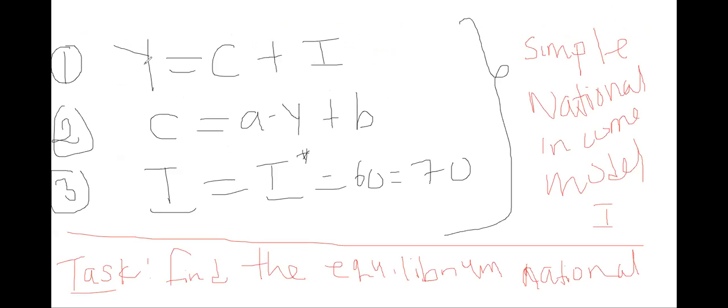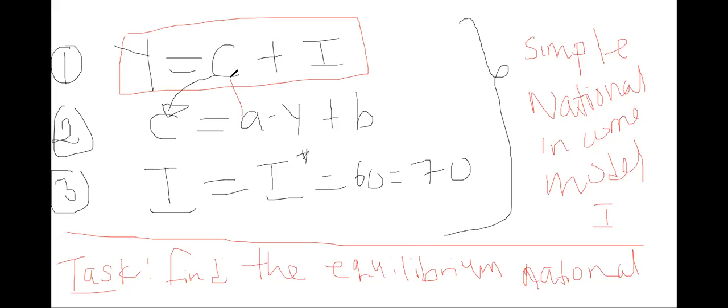So now, this is our model. We said Y is equal to consumption plus investment. Now we define this Y here, so we define this C here. Then what we are going to do to solve this, because this is the equilibrium position, to find the equilibrium national income and equilibrium consumption, we have to substitute.